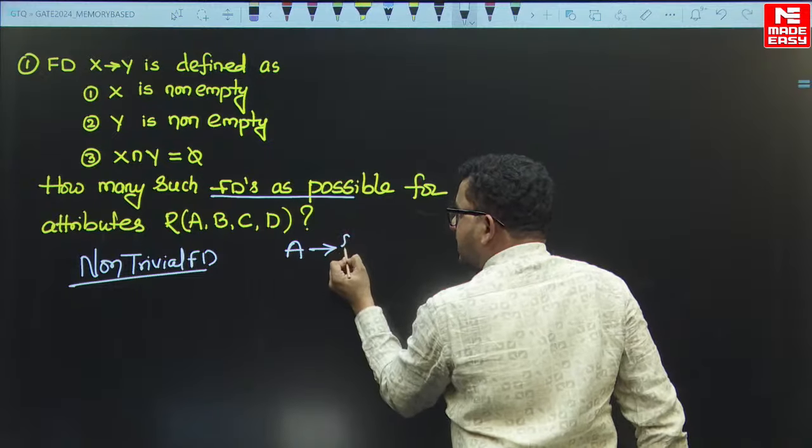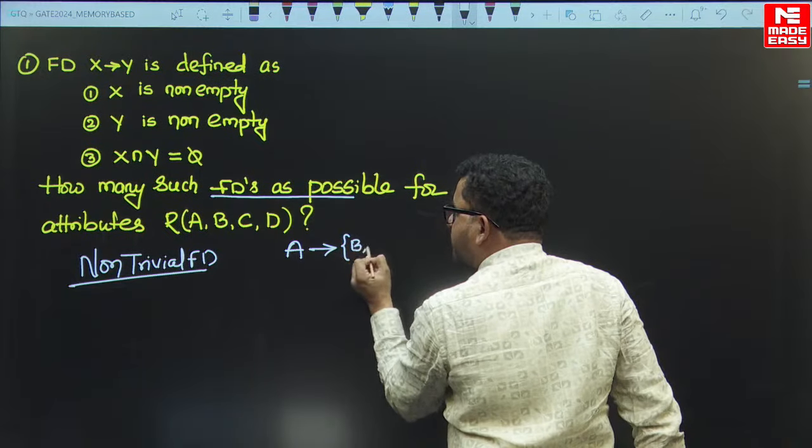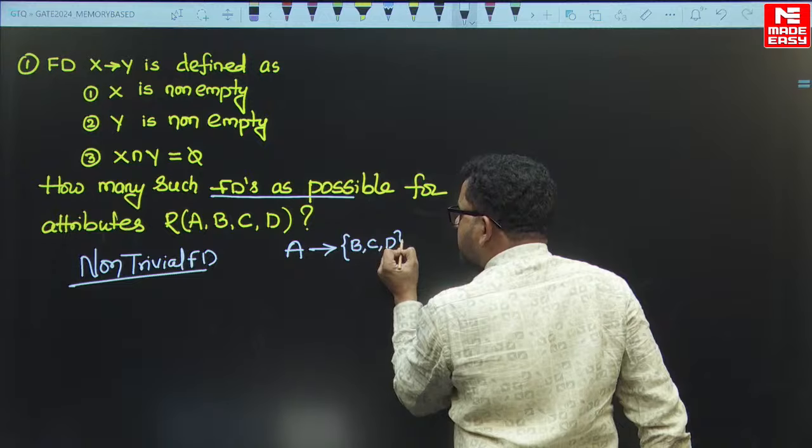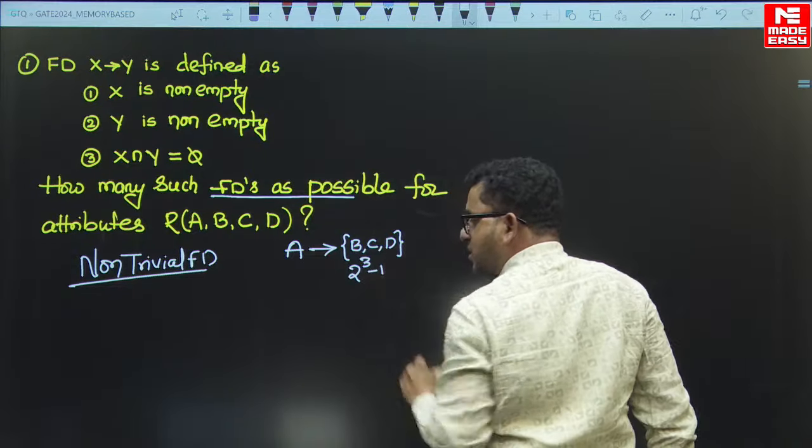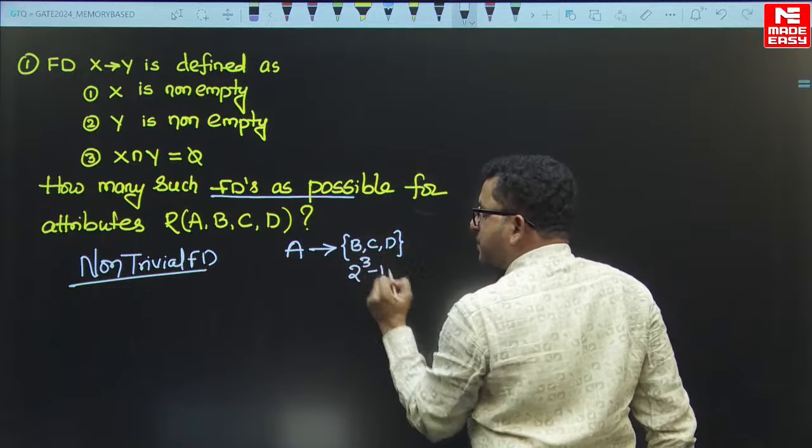The right side can be any non-empty subset of BCD, that is 2 cube minus the empty set, which is not possible. So a non-empty set should be on the right side.